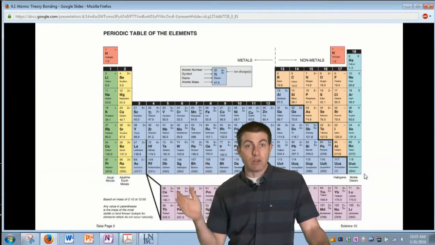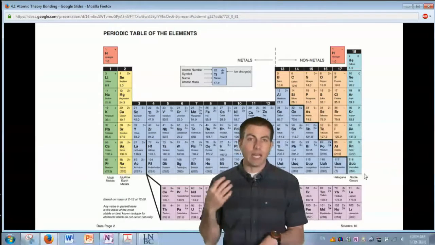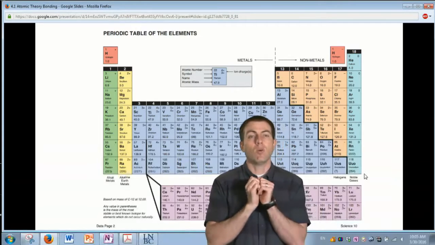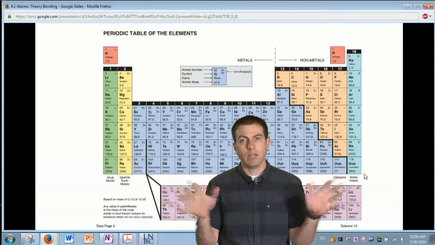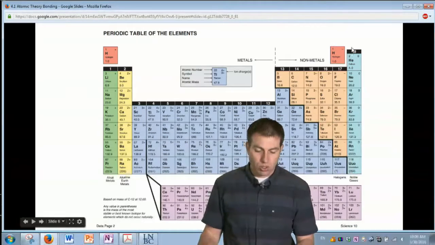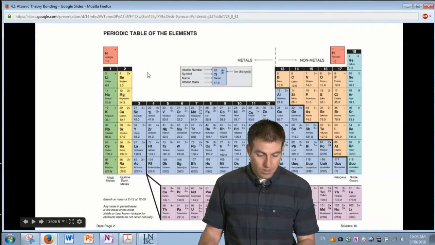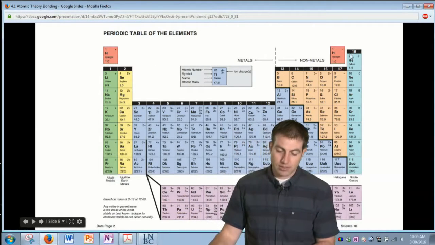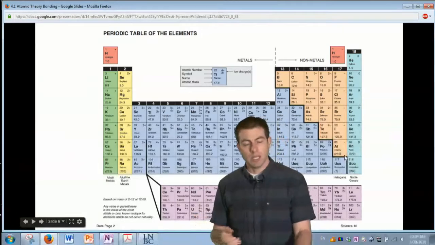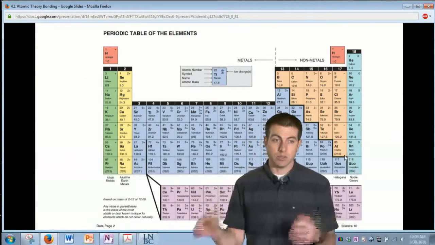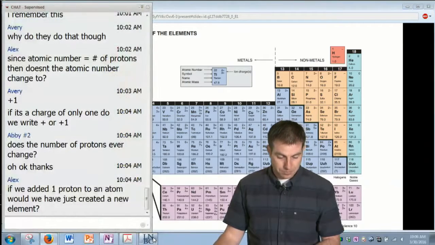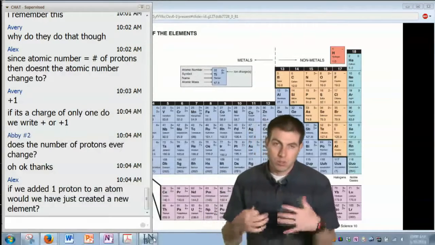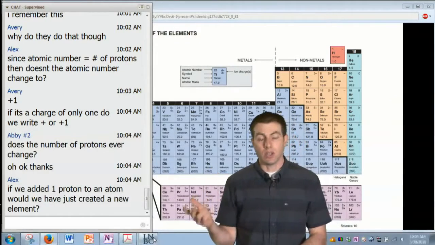If you have a full outer shell, you become very stable. All atoms want to have a full outer shell, whether that means filling it with extra electrons or getting rid of extra electrons in that outer shell. So everything's trying to look like its nearest noble gas. Sometimes it'll gain electrons to look like that, sometimes it'll lose electrons. But these noble gases are stable, and all atoms want to become stable. That's the idea behind this gaining and losing of electrons: they gain or lose to become the most stable they can, and that means looking like their closest noble gas.